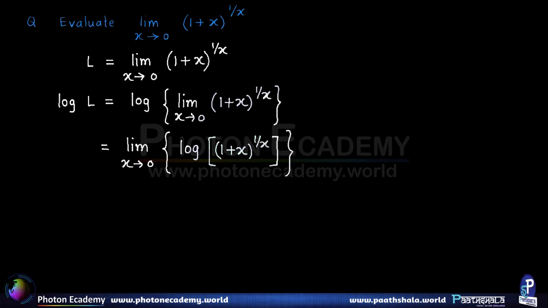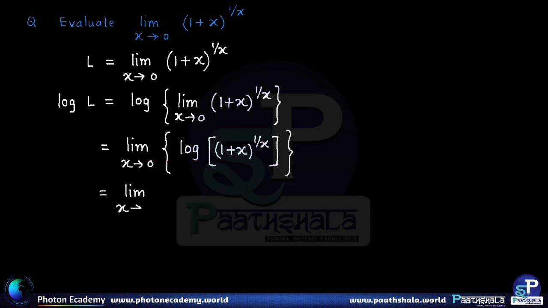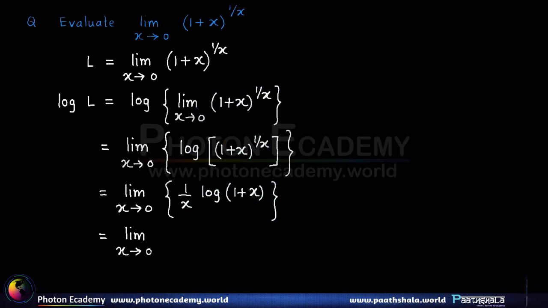Now as per the rules of logarithm, the exponent 1 upon x will come down, so you will have 1 upon x into log of (1 plus x). Let us write it in a slightly different manner so that the required form is visible. I can write log of (1 plus x) in the numerator divided by x in the denominator.